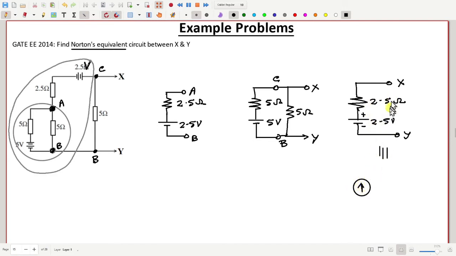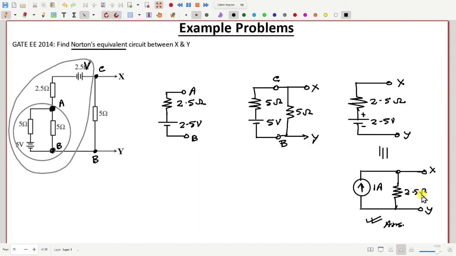That is 2.5 by 2.5, 1 ampere, in parallel with 2.5 ohm resistance. This is X, this is Y. So finally, what is the Norton's equivalent circuit? This is the answer: a 1 ampere current source in parallel with 2.5 ohm resistance.